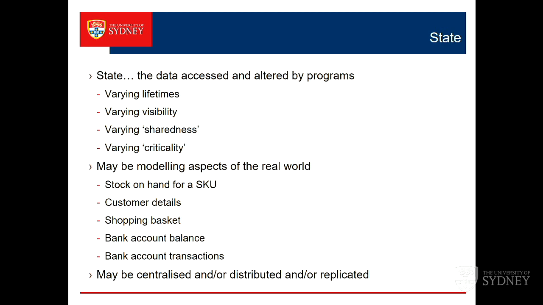If I'm a merchant of some form, I've got SKUs, stock keeping units, things that I can sell, things I might have on a shelf. The amount of this particular book I have on my shelf is a piece of data, which might be shared amongst all the things which are trying to sell and update the volume of books I have.